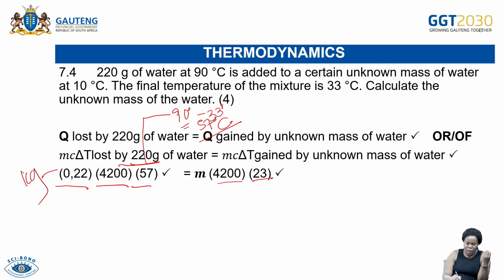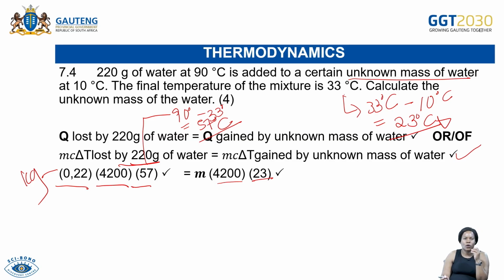Remember, 33 degrees Celsius minus 10 degrees Celsius is going to give us 23 degrees Celsius, because now we're talking about the unknown mass of water on this side, and on the other side we were talking about the known one, the 220 grams at 90 degrees.